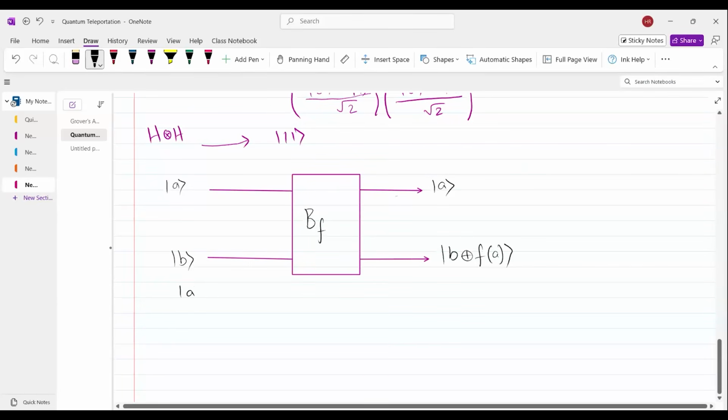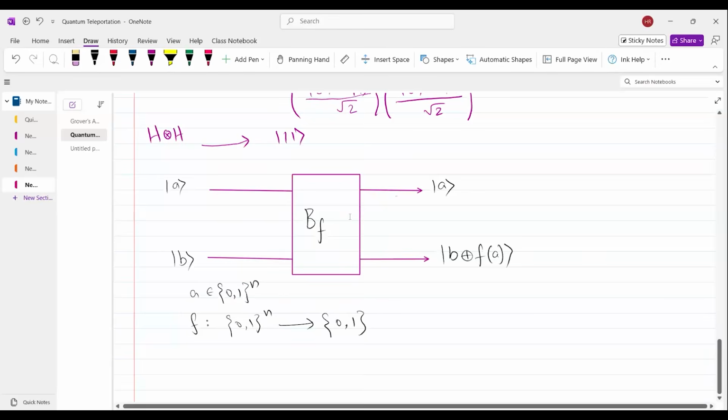Here A is any n-qubit state, and the function f is defined from {0,1}^n to {0,1}, a Boolean function.